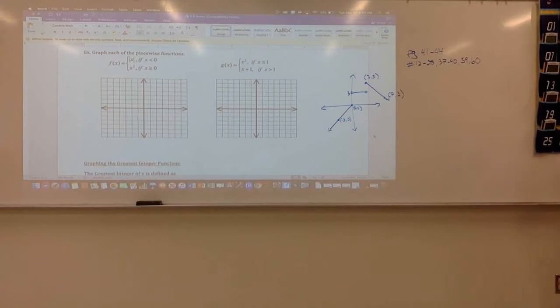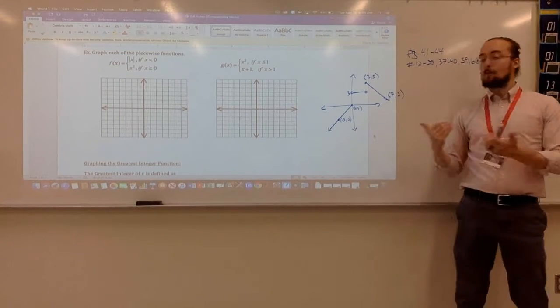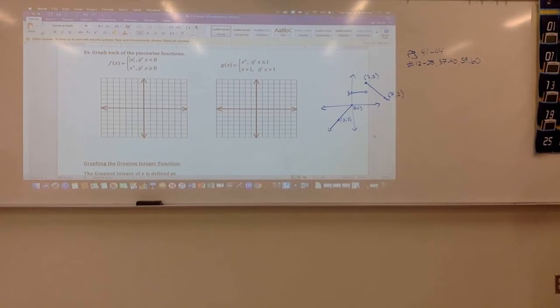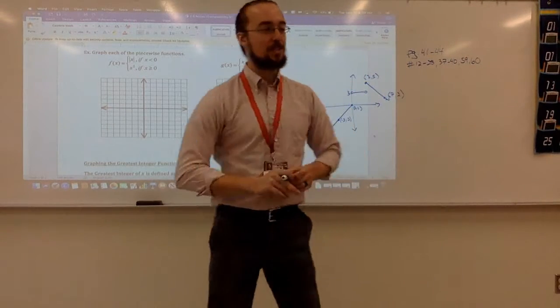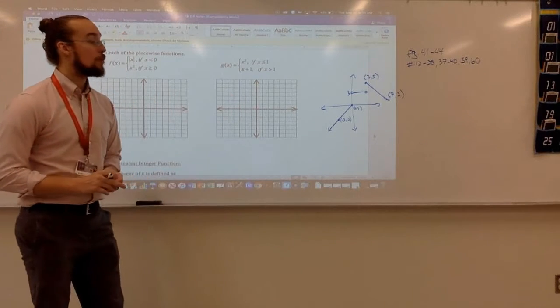All right, how about something like this? Okay, we're given this graph, and from this graph, I want to write the piecewise function.